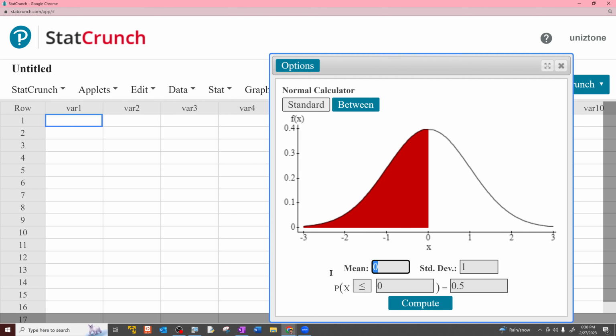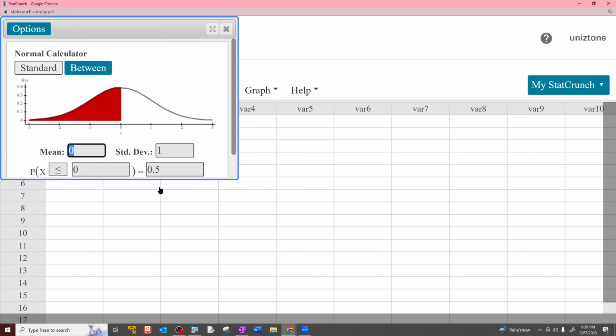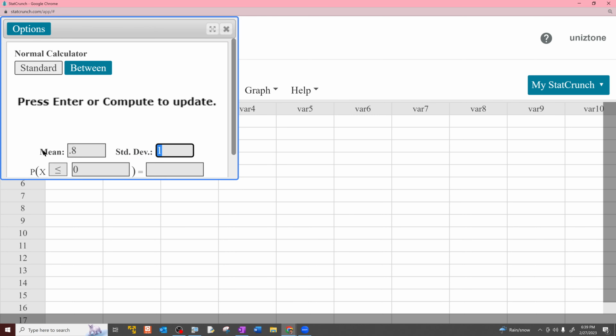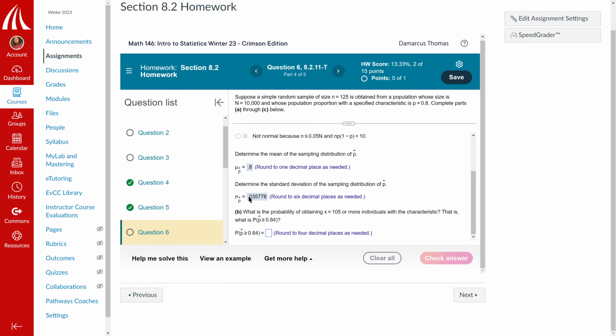And the mean is 0.8. The standard deviation is that 6-digit number. I'm going to copy and paste that. Oh, they won't let me. So 0.035778.